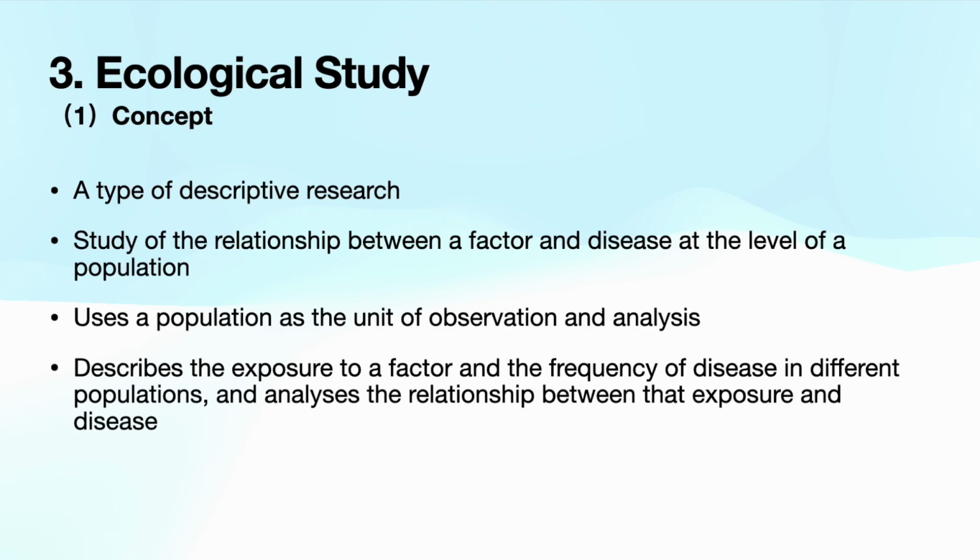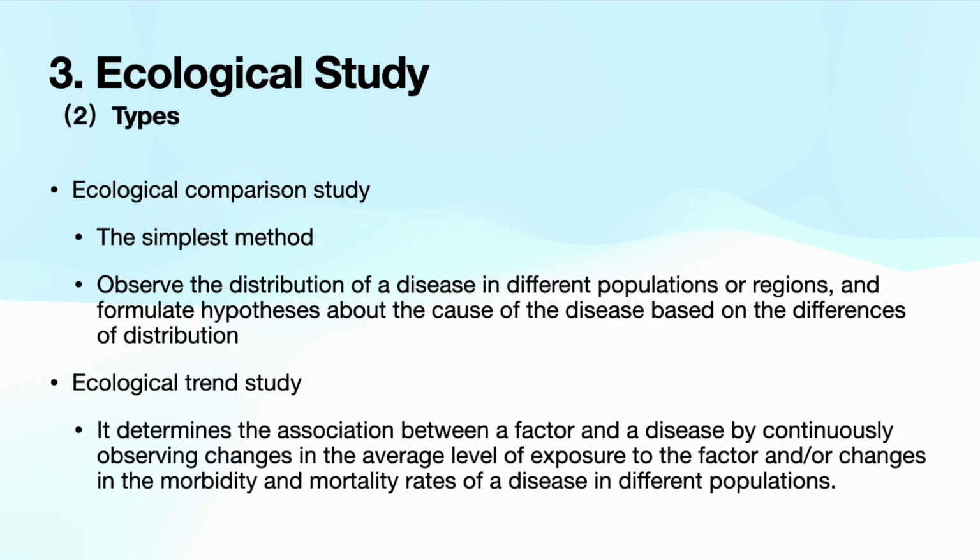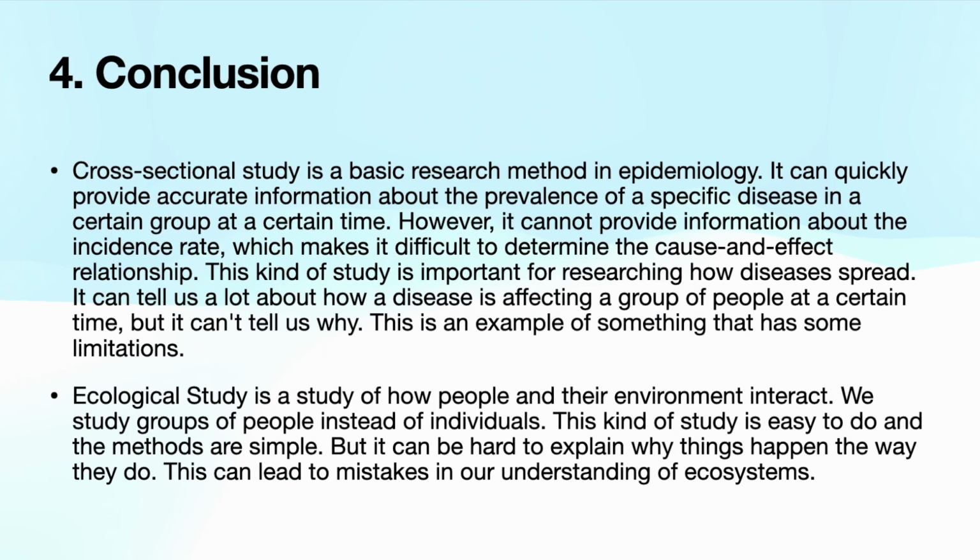Then is ecological study. It has two types as well, like ecological comparison study and ecological trend study. And this is the conclusion of cross-sectional study and ecological study. Well, cross-sectional study is a basic research method in epidemiology.